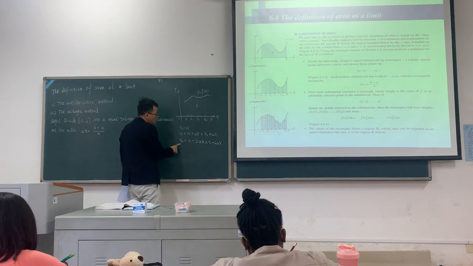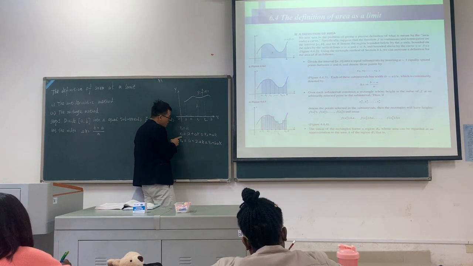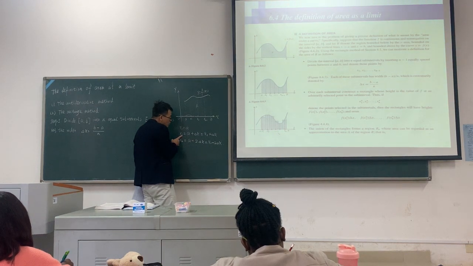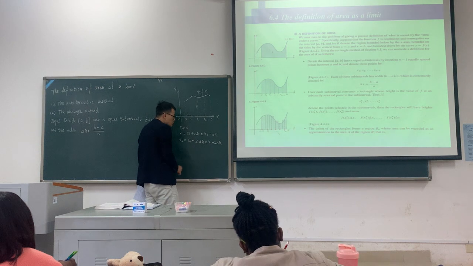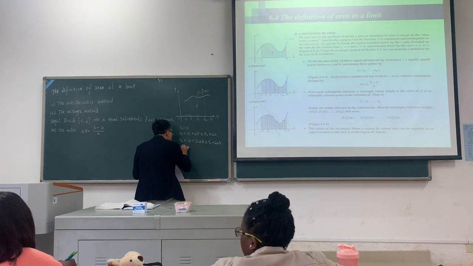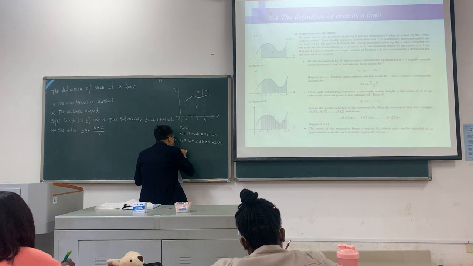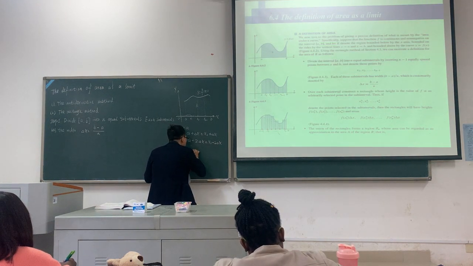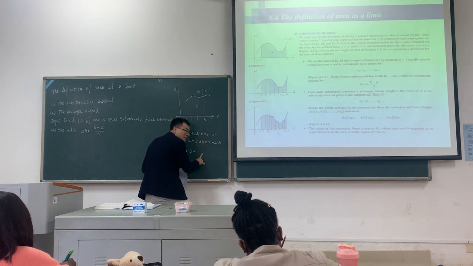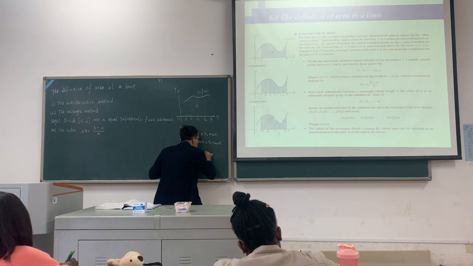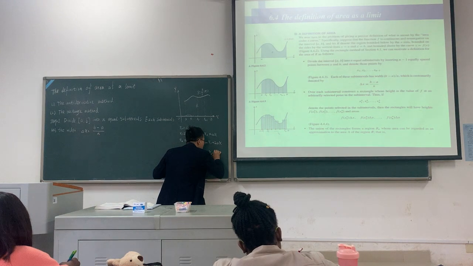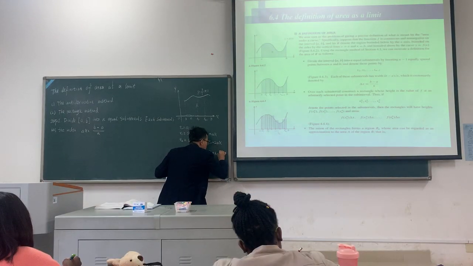So here, it's easy to see. Here is x1, so here is 1. Here is x2, so here is 2. So we can go on: xk is equal to what? xk equals a plus how many delta x? k delta x, so here actually it is x0 plus k delta x.